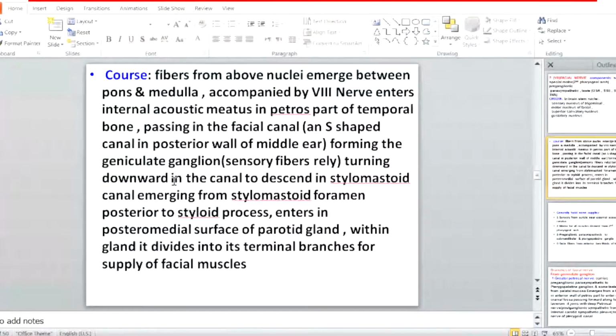Then it turns downward in the canal to descend in the stylomastoid canal to emerge from the stylomastoid foramen behind the styloid process, enters the posteromedial surface of parotid gland. Within the gland, it divides into its terminal branches for the supply of facial muscles.